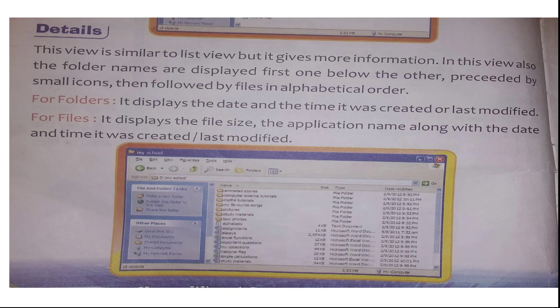Like that, the detailed application name would be given along with the date and time it was created, and last modified, whenever you last opened this file. That information also would be there in the detail file list.